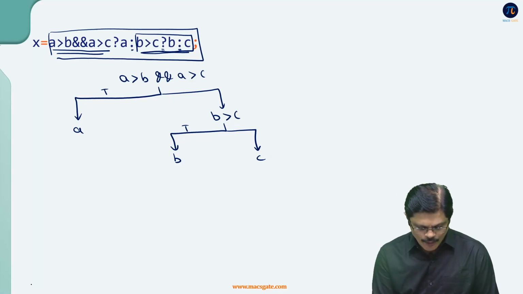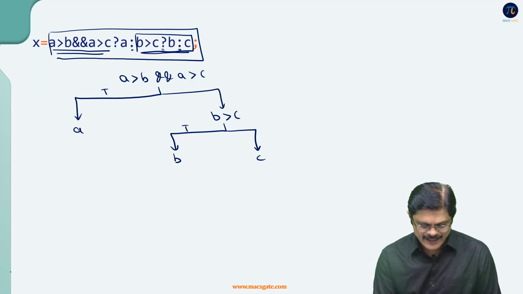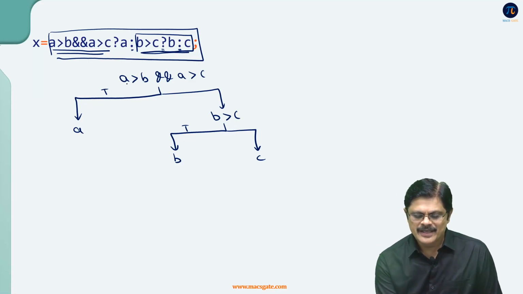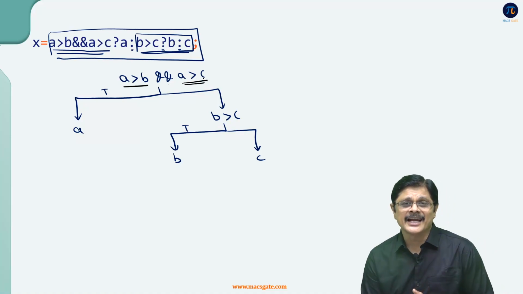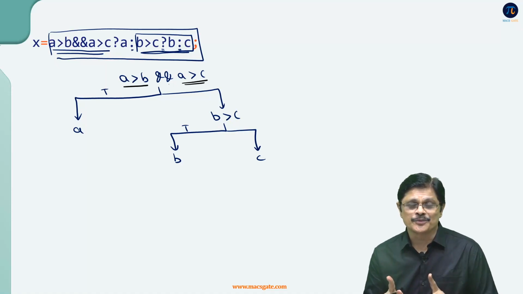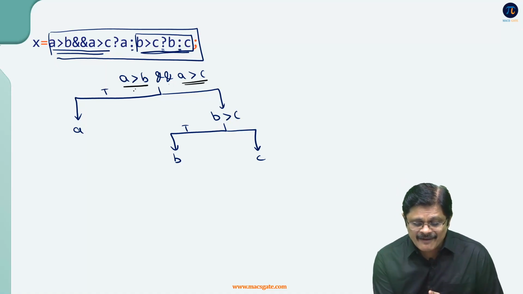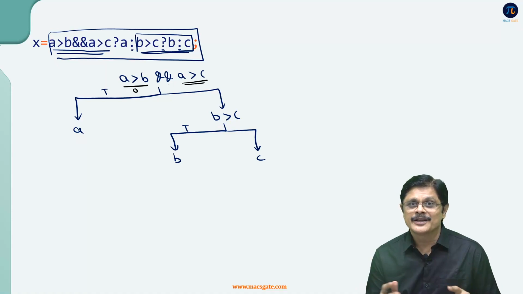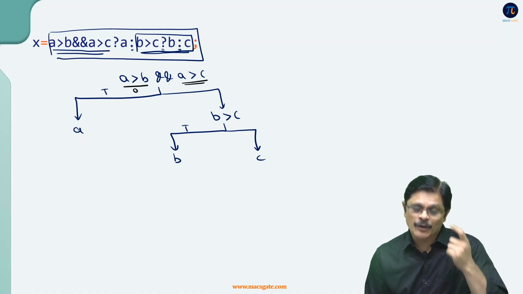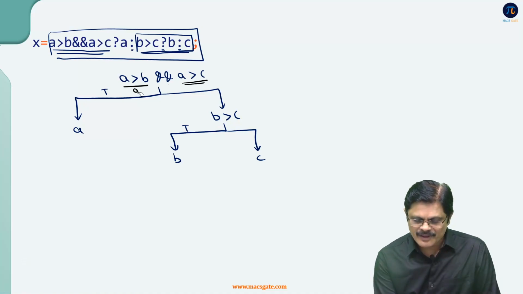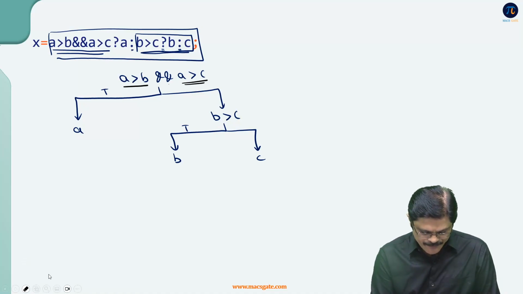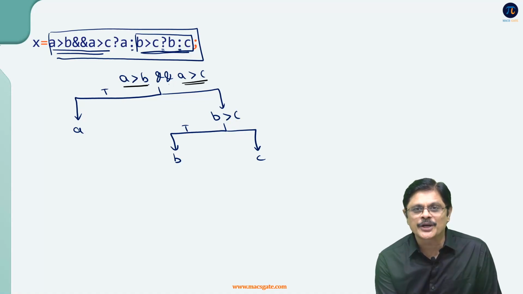Let us consider all the possibilities, my dear friends. You know logical AND is true when both are true, and if any one is 0, it will be 0. There will be short circuiting also. Let us consider the first case, when both are true, that is a is greater than b and a is greater than c.